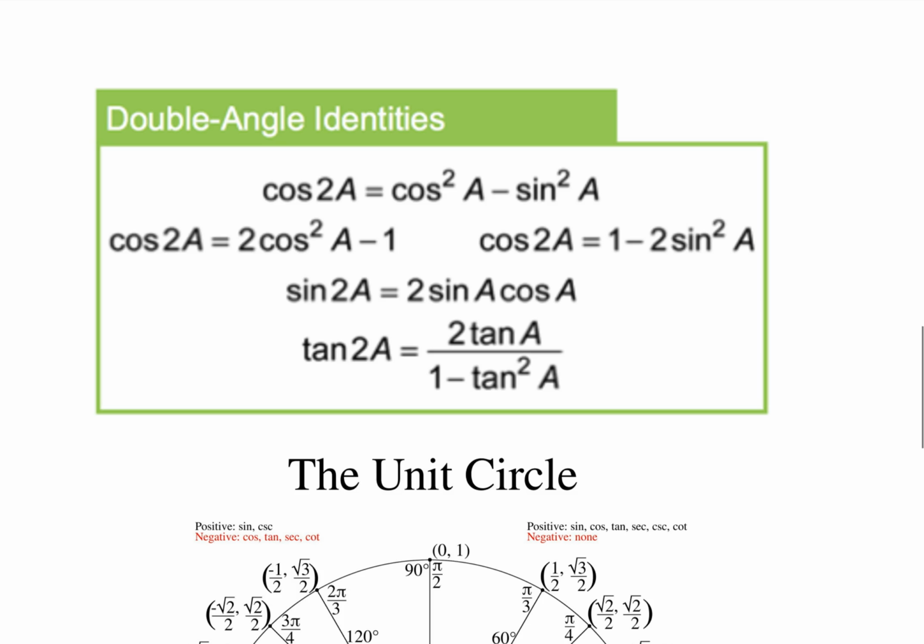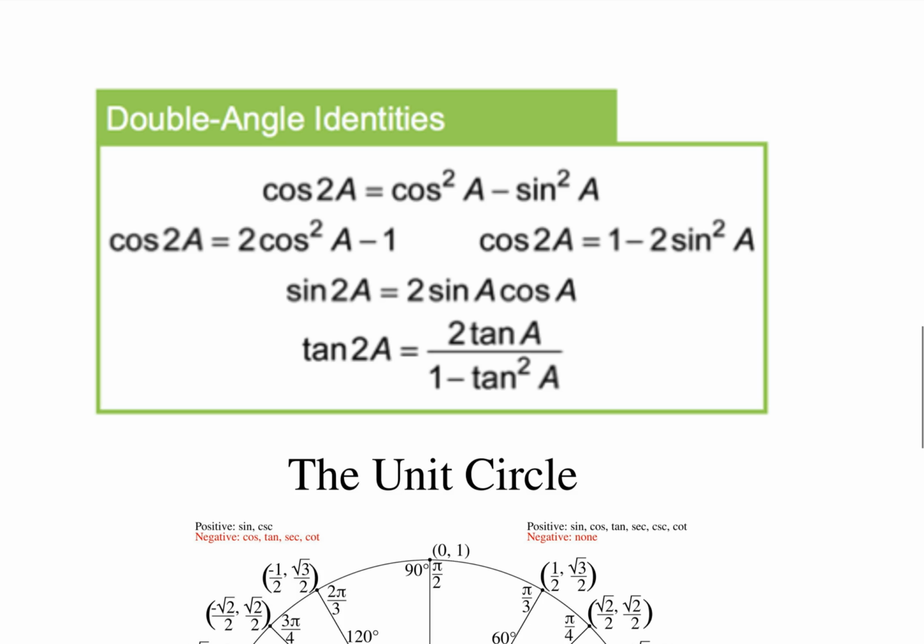And if you don't really have these internalized and memorized, calculus becomes a lot harder. So it's great in pre-cal to really understand what's going on and to have a general knowledge that they exist, so that in calculus you can say, hey, this looks familiar. Let me go back and check if there's some kind of identity that will help me simplify. And more often than not, there is.